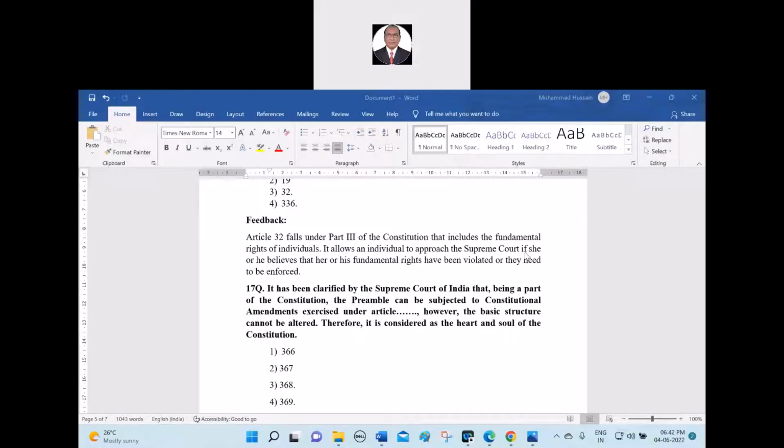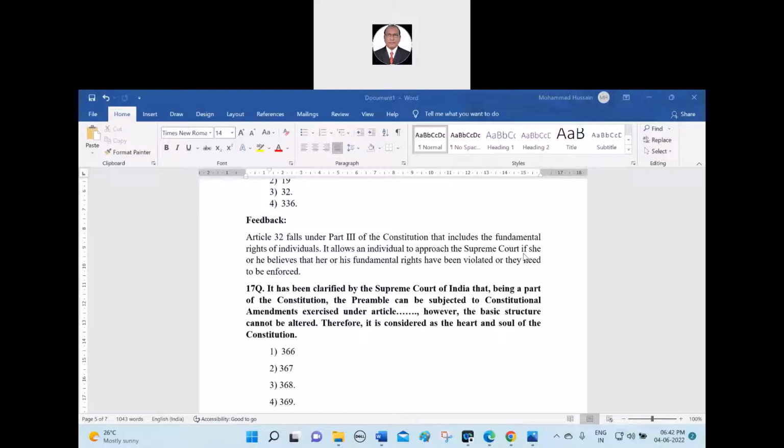Article 19, sub-article 2, that is 19(2). We say clause 2, article 19, sub-article 2. That is the style of writing, if I am not mistaken.